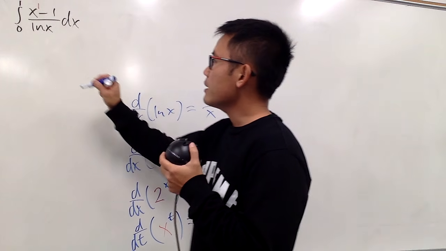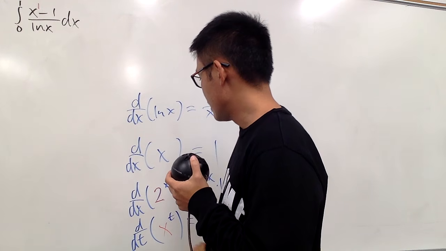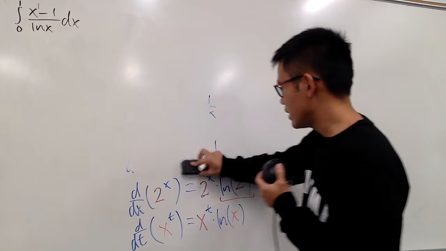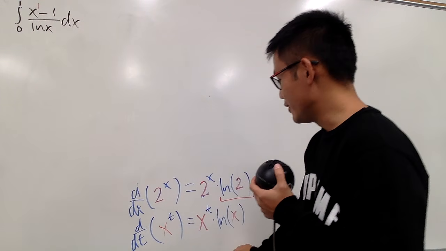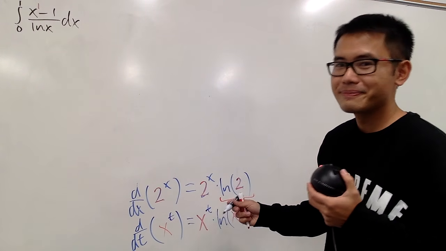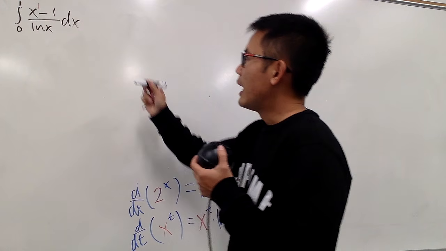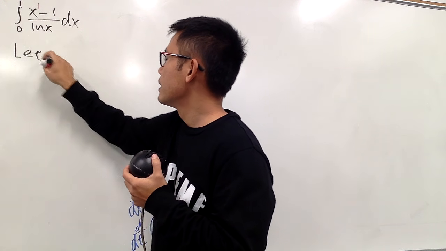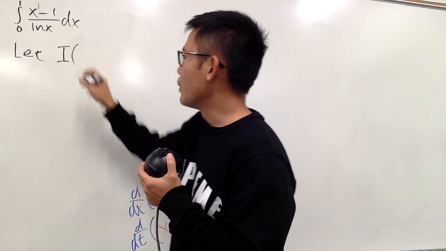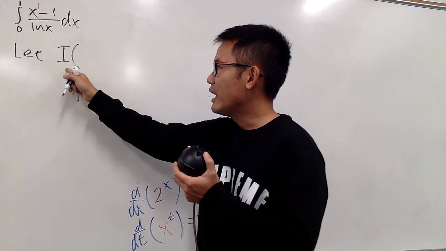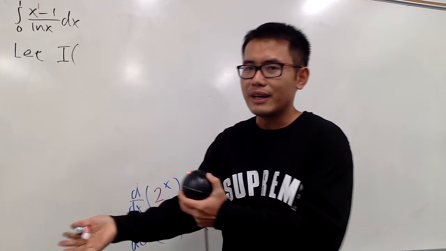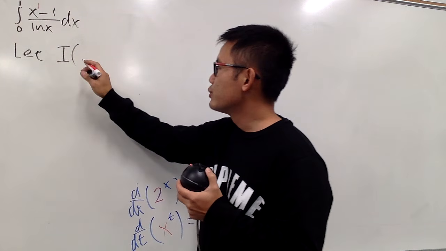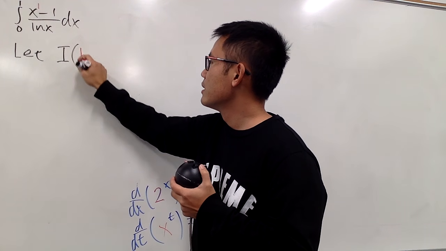Okay, so here is the deal. I will just erase this. I'll keep these two differentiations on the board for now. So I would like to just say, I will let, right? Just say I want to create a new function. So I'll just say I, just like people say f of x or whatsoever, right? And traditionally, we use b, right?